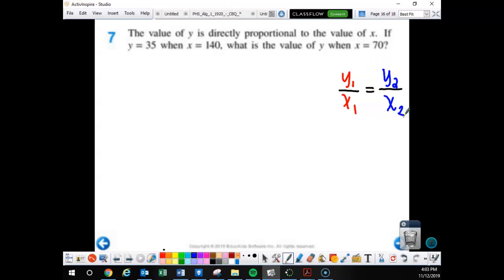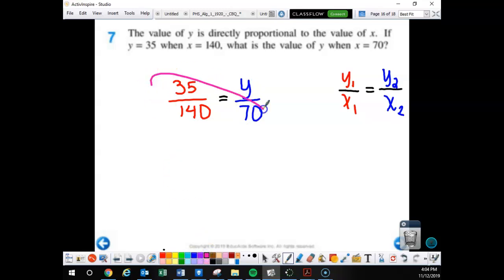Okay, so here I know that when x is 140, y is equal to 35. So 35 over 140 is equal to y and 70.